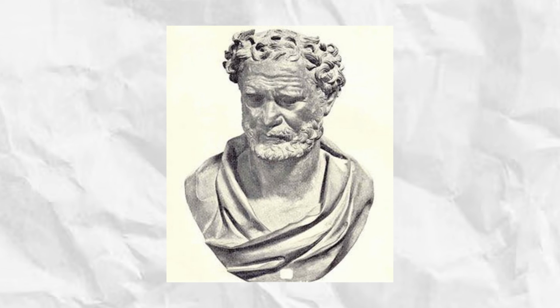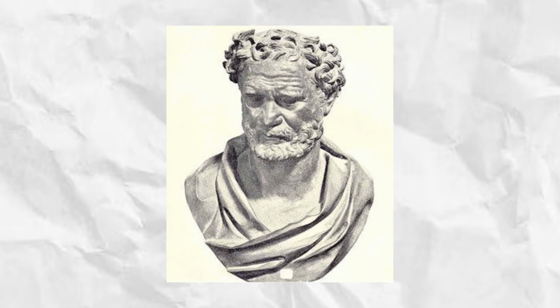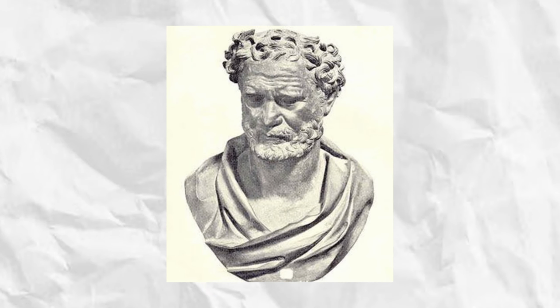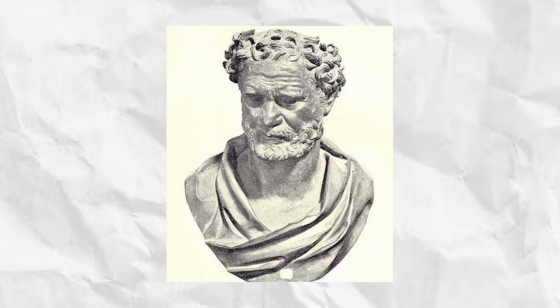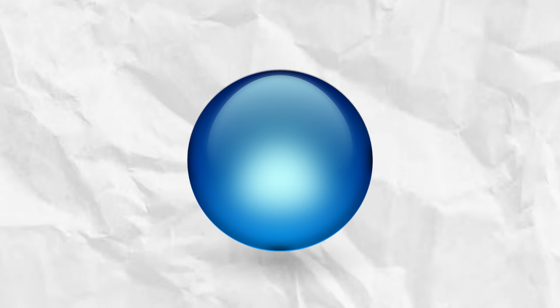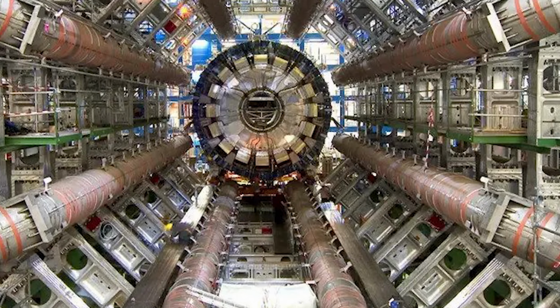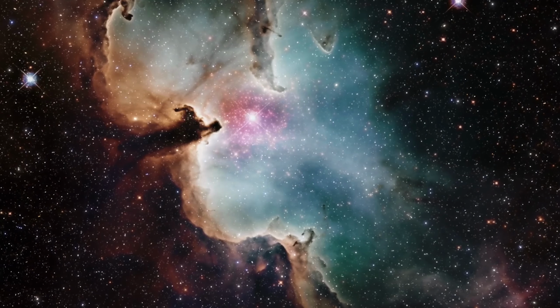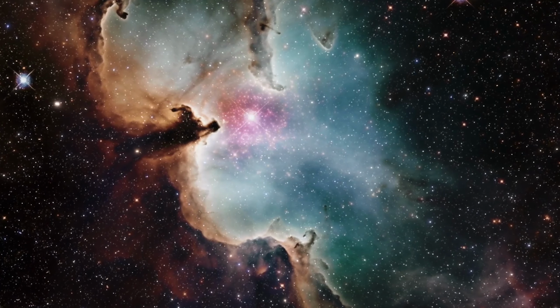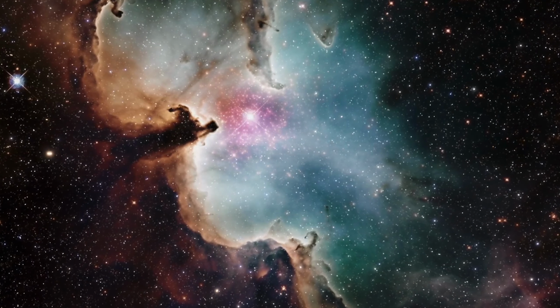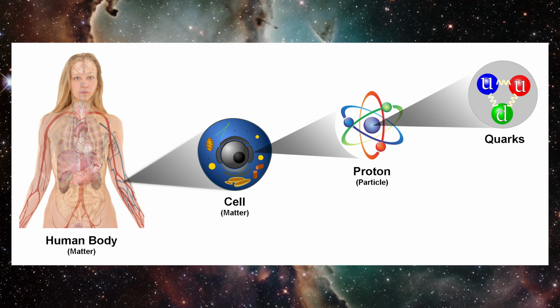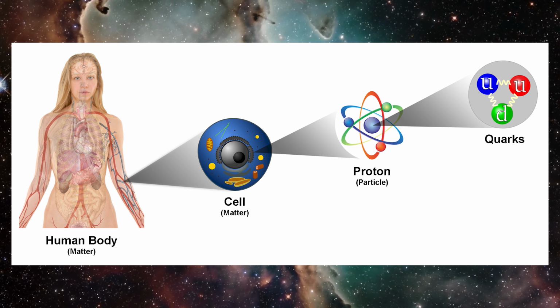In ancient times, an ancient Greek philosopher named Democritus was the first to theorize the existence of atoms. However, back then, it was believed that atoms could not be split into further particles until we began smashing atoms in the Hadron Colliders. We now know that the universe is made up of these basic building blocks called quarks, which are what makes up atoms.